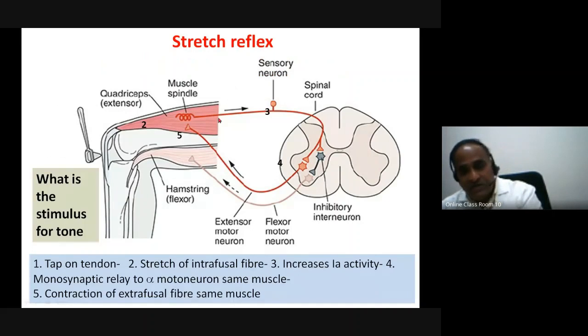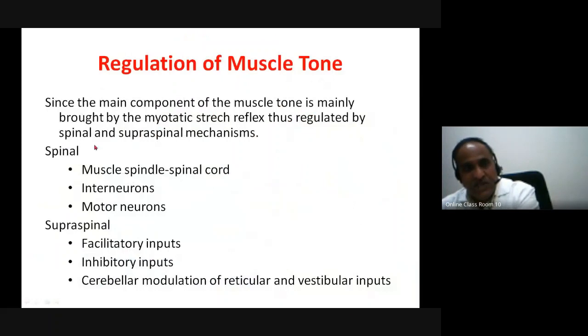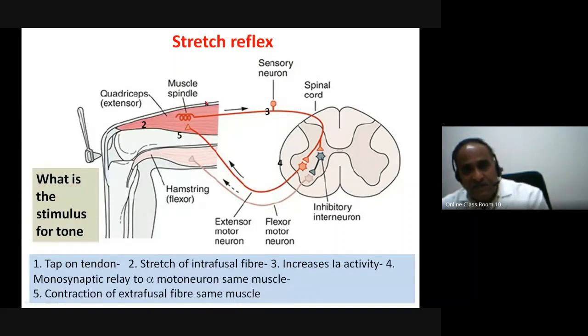Now, this is the first one. I'm looking at the spinal level. At the spinal level, it is the muscle spindle. This is the muscle spindle here. When you stretch this muscle, because I said that this muscle is always under stretch, there are impulses going from these muscle spindles to the spinal cord.